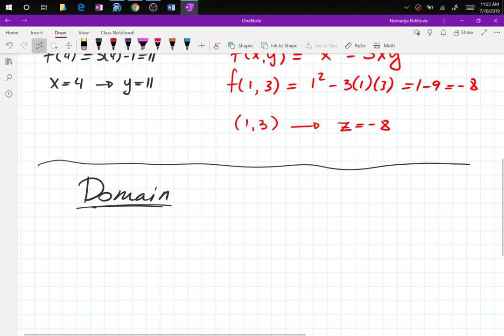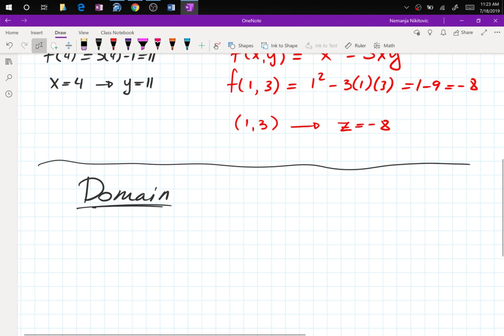For instance, you had a theorem which you memorized, and that theorem said that the domain of polynomials is all real numbers. So if you have the equivalent of a polynomial in 3D, well, in the 2D input for the 3D function, you are going to have the same rule.